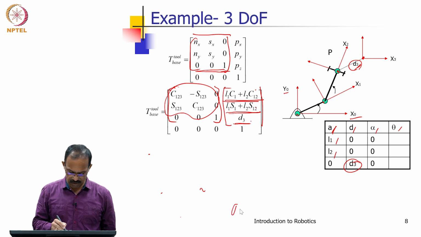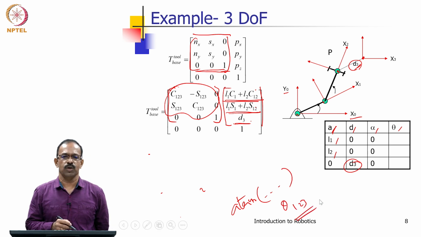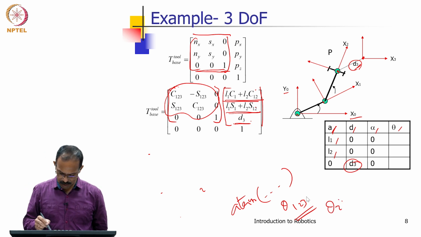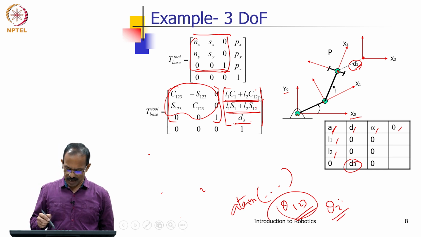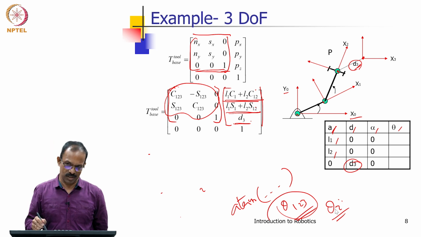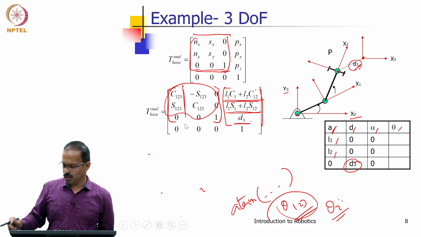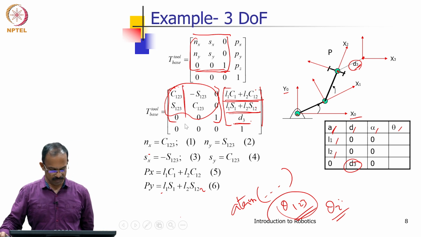You can use atan2 of C123 and S123 to get theta 1, 2, 3. So, theta 2 can be solved directly from here and theta 1, 2, 3 can be solved from here. We saw how to get theta 2 in the previous case, and theta 1, 2, 3 can be easily solved from here. Now, the question is how do you get 1 and 3.